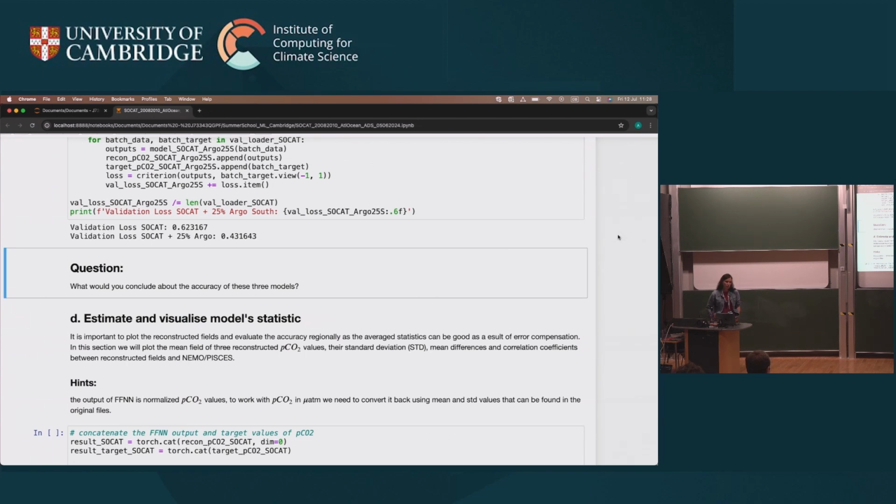They're comparable. Even though we have maybe half the Argo profilers, the difference between the two of them is small, and we still see that the accuracy is quite comparable.